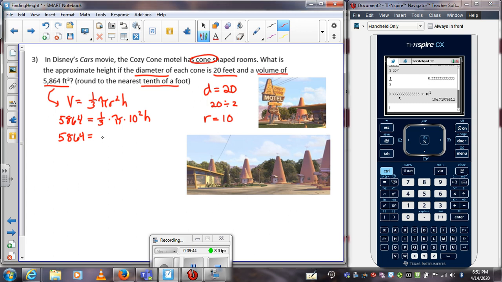So I'm getting 104.7197 h, and now I'm going to divide both sides by that 104.7197.